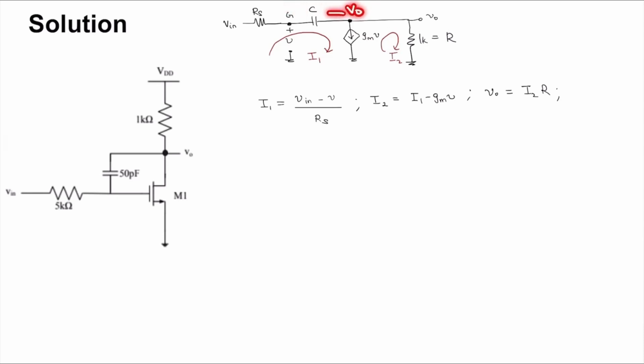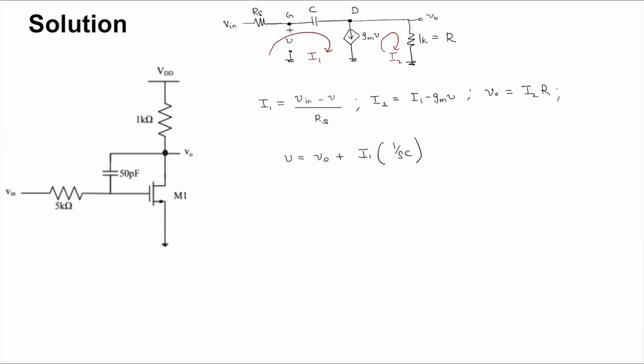So Vout plus this drop should be the voltage V. That is, V is equal to Vout plus, what is the voltage drop on that capacitor? It is I1 times 1 over SC.